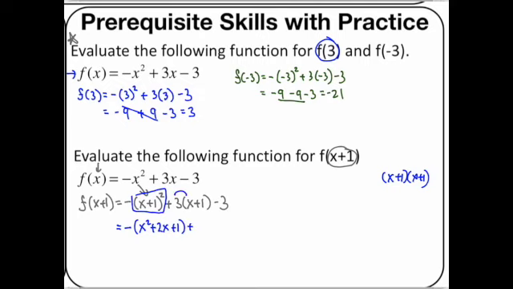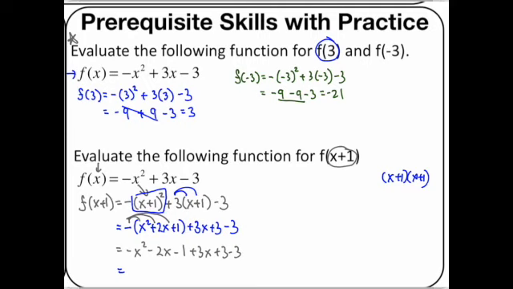Plus, doing some distributive property, 3x plus 3 minus 3. And then we have the minus sign going into each one. Using the distributive property, I get negative x squared minus 2x minus 1 plus 3x plus 3 minus 3. And now we just need to clean it up.